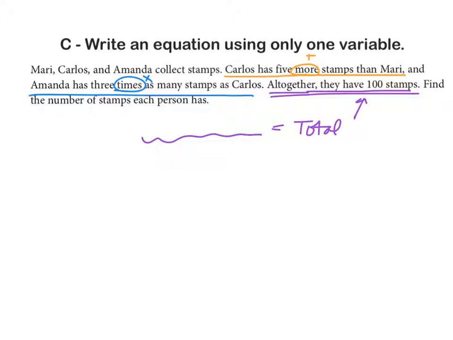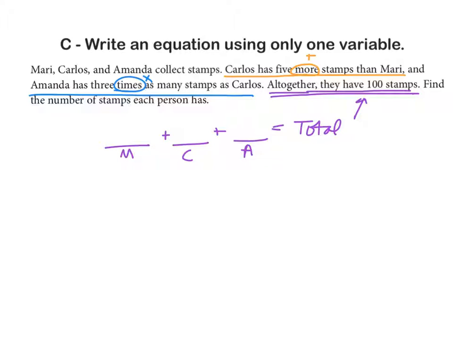So we said normally what things are going to go together to make the total? Well, that is the amount of stamps that Mary has plus the amount of stamps that Carlos has plus the amount of stamps that Amanda has. All right, that's how you would figure out all together, is you would add their 3 numbers. Well, they want me to only use one variable.